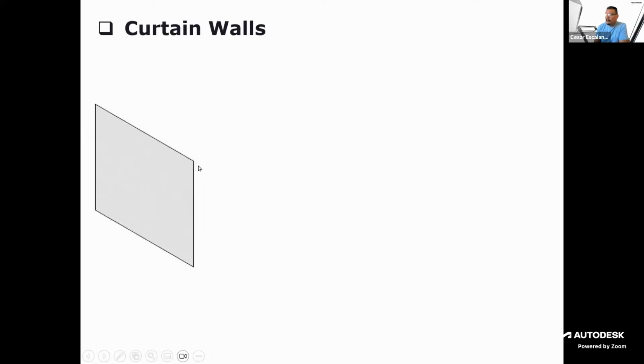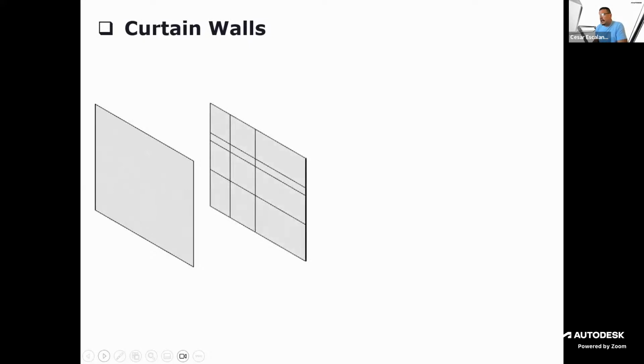The height can be relative to a level, or it could be unconnected, a free float, a specific distance. You can also edit the wall profile in order to make it a shape different from a rectangle. Then you subdivide this gigantic piece of glazing with grids.